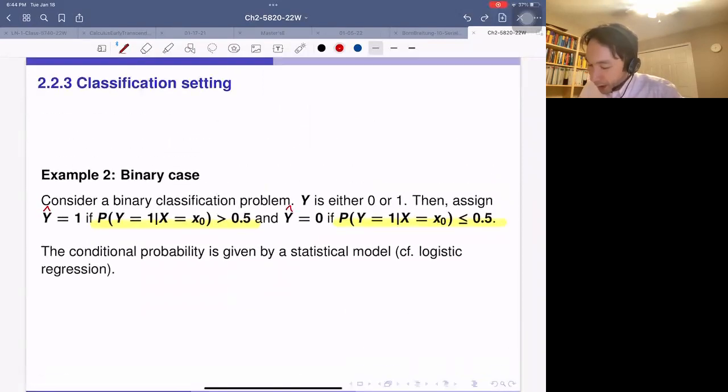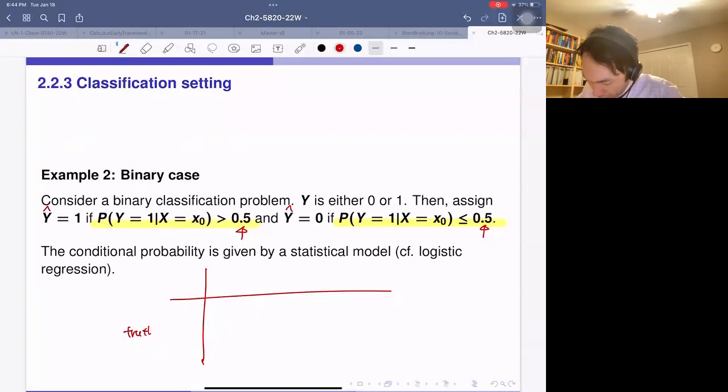But of course, in some cases you want a different threshold, because basically this is based on the risk of the decision. Suppose that the truth is y equal to 1 and y equal to 0, and our estimate is 1 and 0.